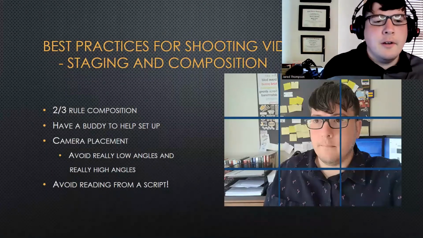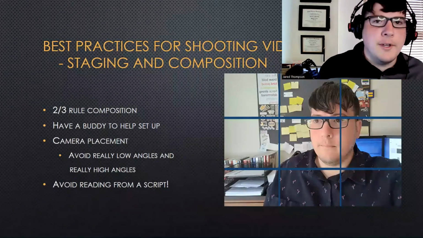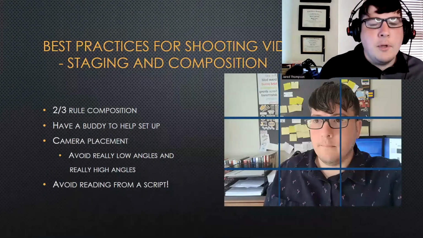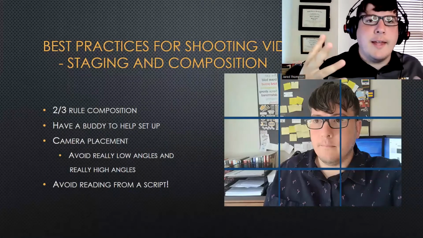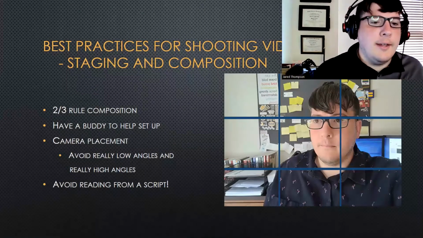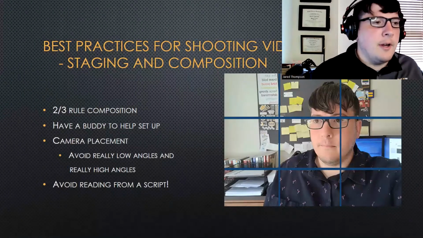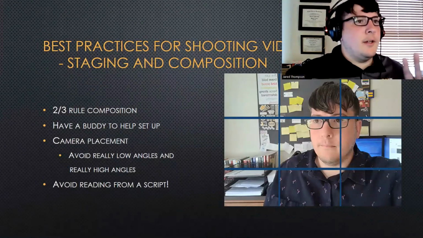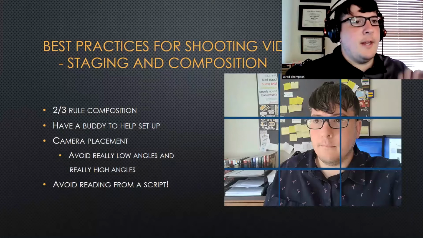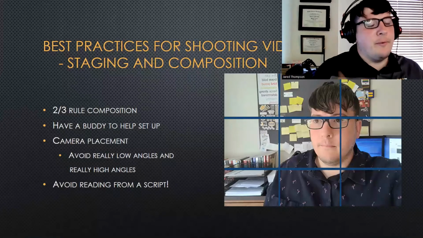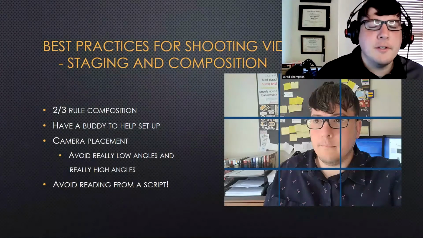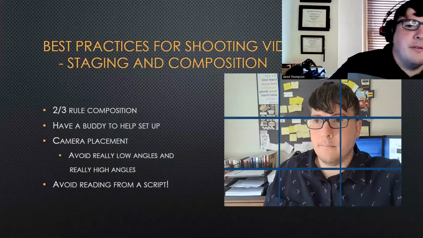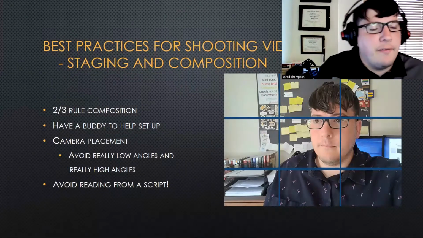So whenever you're setting up to record yourself or somebody else, you want to try to frame it so that it has that two-thirds look. Typically you'll see the camera set up here and your subject who's speaking might be looking this way, so it's a little bit of a profile view. But that's just a general rule for composition for any type of photography or videography.